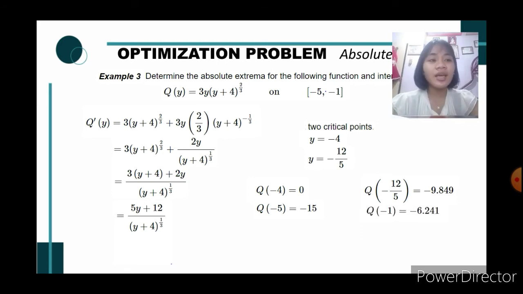And lastly, the value of the function q at y equal to negative 1 is equal to negative 6.241. So the function has an absolute maximum of 0 at y is equal to negative 4, and the function will have an absolute minimum of negative 15 at y is equal to negative 5.